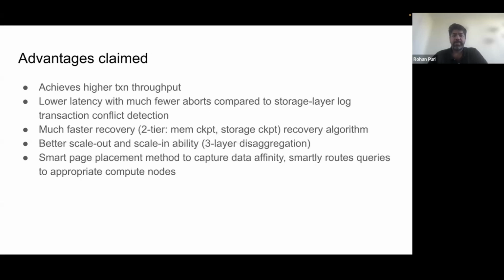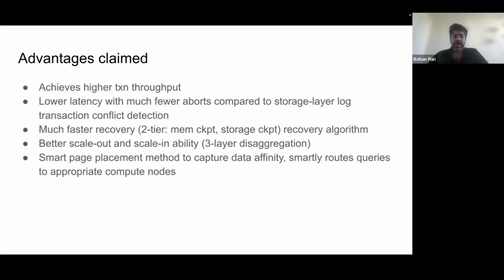So what does the paper claim? The paper claims that they were able to achieve higher transaction throughput and lower latency because they ran into fewer aborts compared to the other storage-layer log transaction conflict detection. They were able to recover fast because of their two-tier architecture augmented with checkpointing at both the memory and the storage layer.